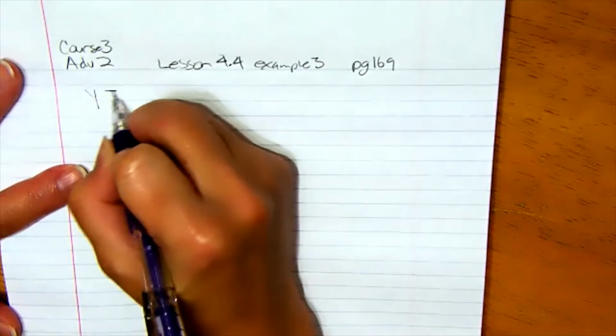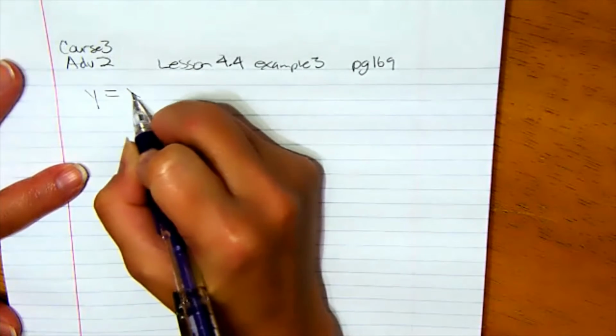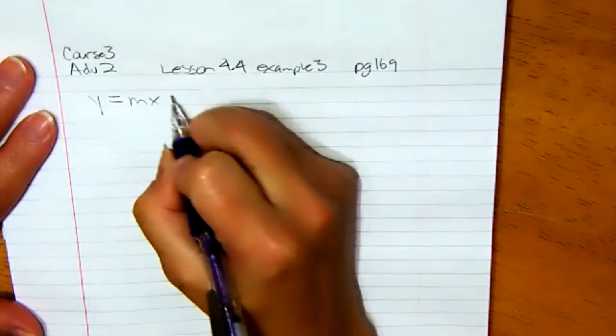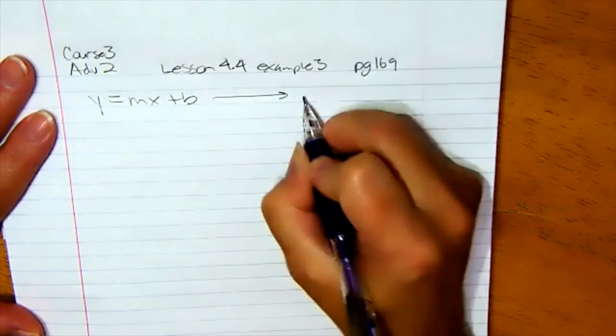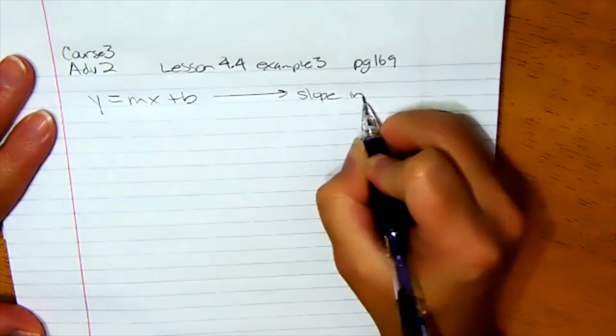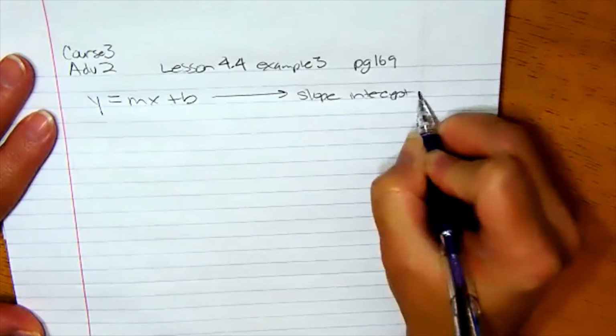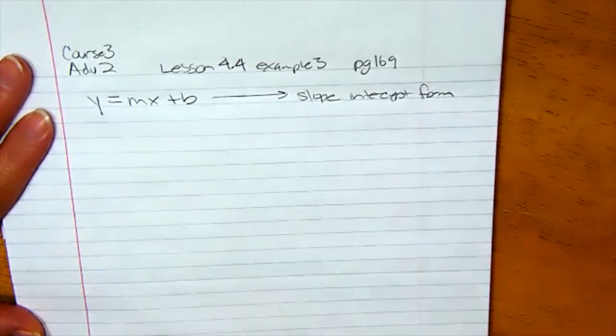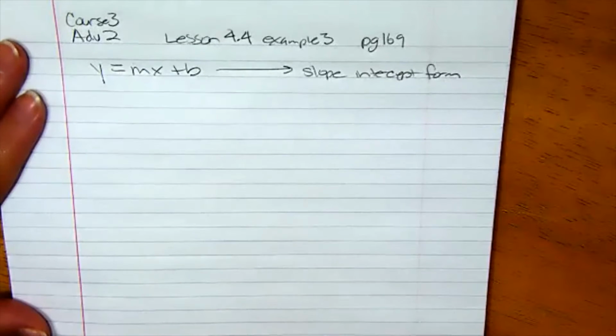Okay. So the first thing we need to do, I know that slope-intercept form is y equals mx plus b. This is slope-intercept form, and it makes graphing a lot easier.